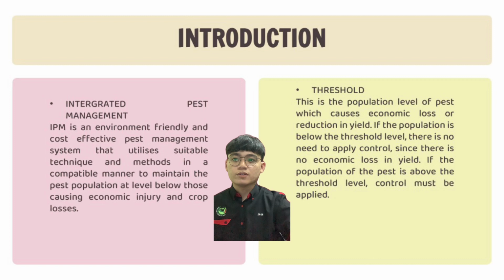The threshold level is the population level of pests which causes economic loss or reduction in yield. If the population is below the threshold level, there is no need to apply control since there is no economic loss in yield. If the population of pests is above the threshold level, control must be applied.